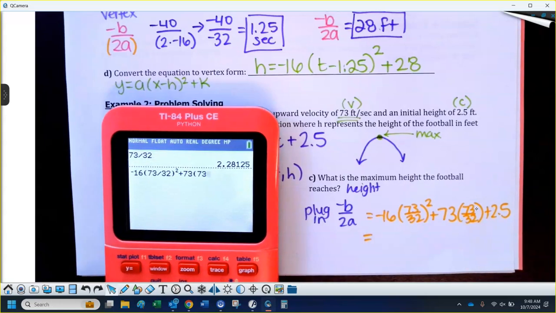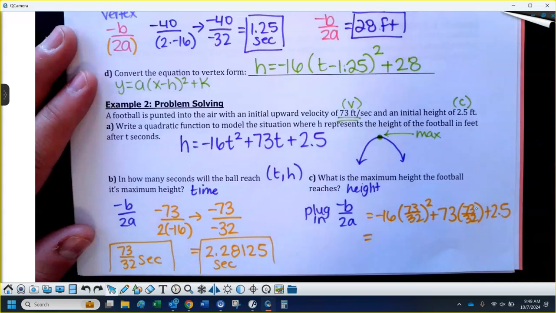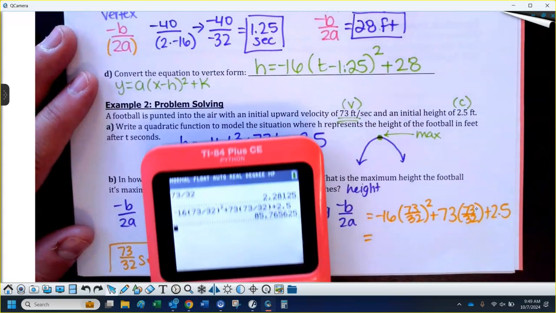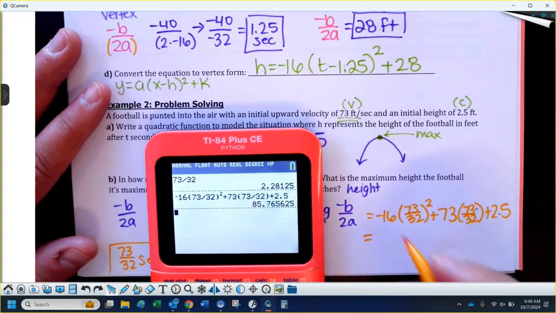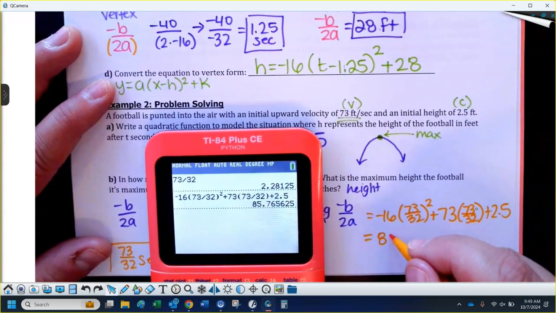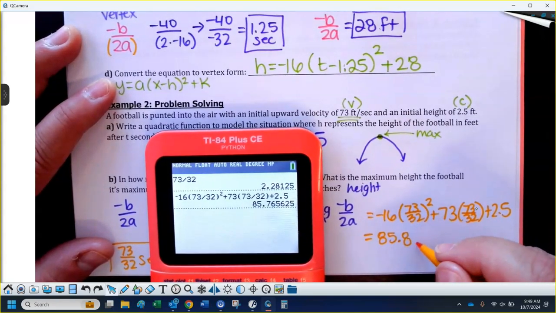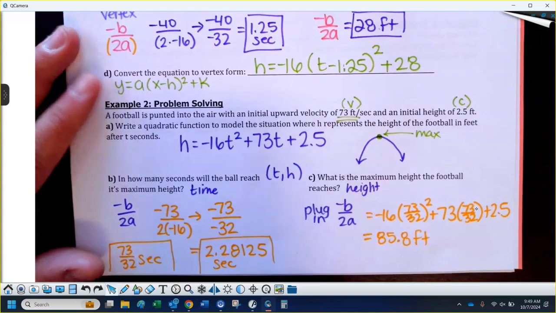And if I plug in that fraction, I'm just getting an exact value here, not rounding multiple times. Alright, so I'm not going to write out all those decimals there, but I'm going to say this is about 85.8 feet.